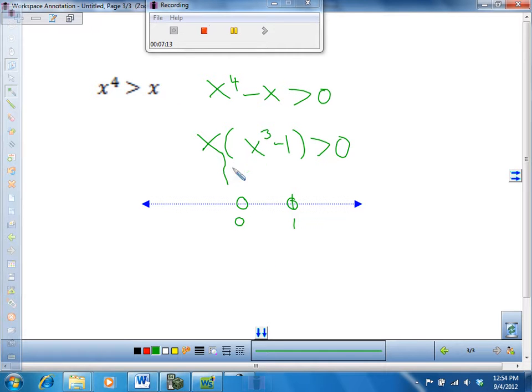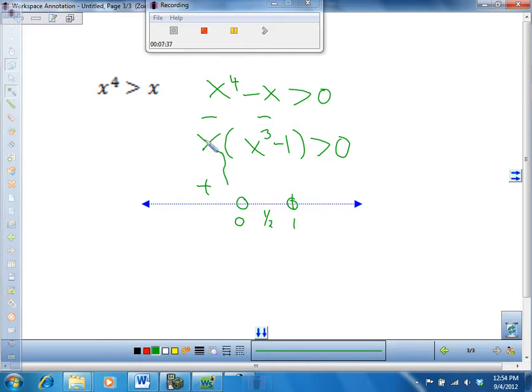And then you have to do your same test. Go to the left of 0, like negative 1. If I plug in negative 1 in here, I get a negative. Negative 1 cubed is negative 1, minus 1 makes negative 2. So I get negative 1 times negative 2, which makes my function what? Positive, okay? Then I plug in a number in here, like 1/2.